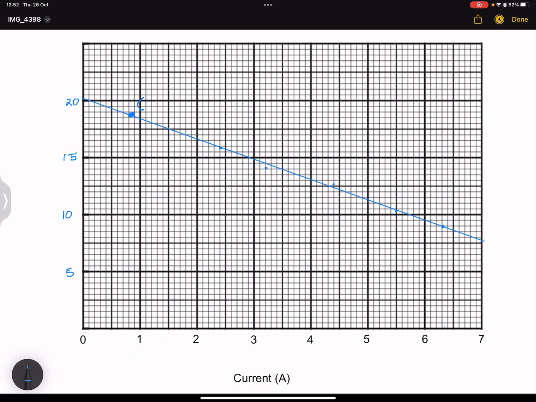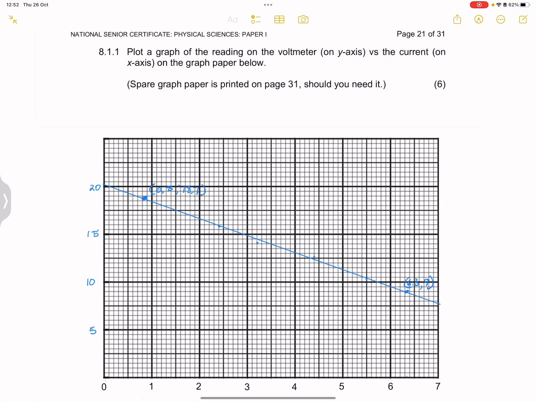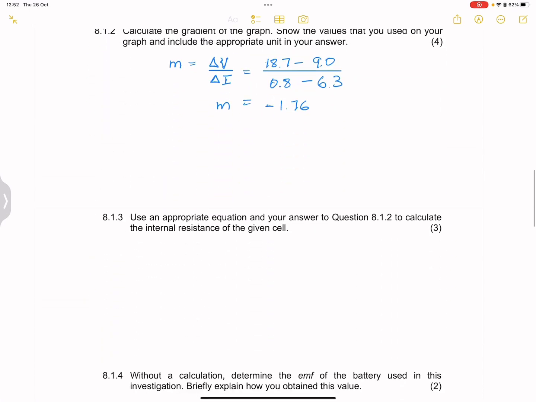This would be 0.8 as well as 18.7. And the other value was this one, 6.3, and the voltage was 9. Those are the two values that we used.